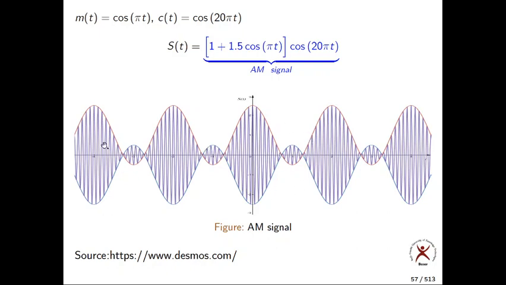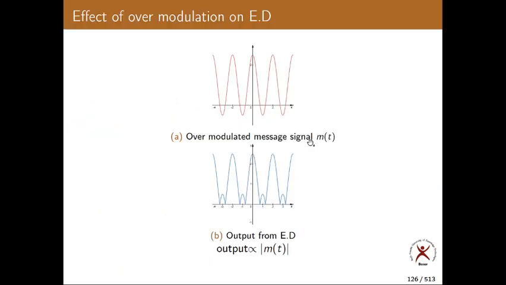If you apply this signal to your demodulator, that is the ED, the output will be like this. This is the envelope, but the output is like this. How are these two related?